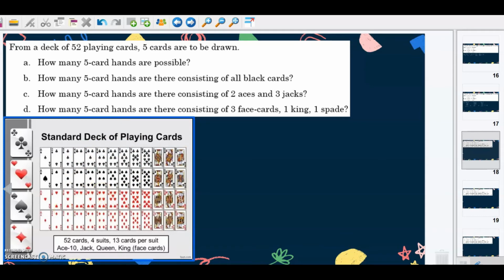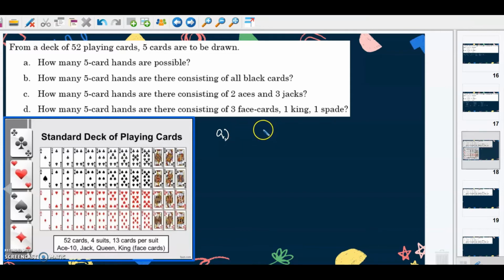So let's now answer letter A of this problem. From a deck of 52 playing cards, 5 cards are to be drawn. For letter A, how many 5-card hands are possible? There are no restrictions given, so we're basically just going to choose any 5 cards from the 52 playing cards.